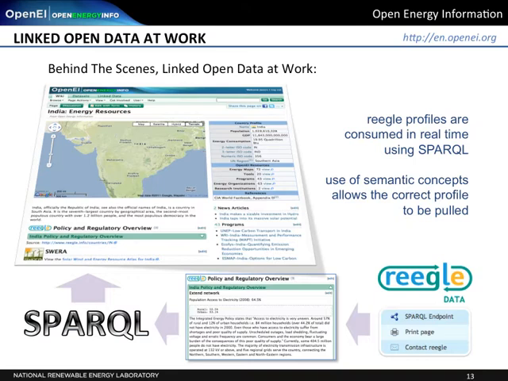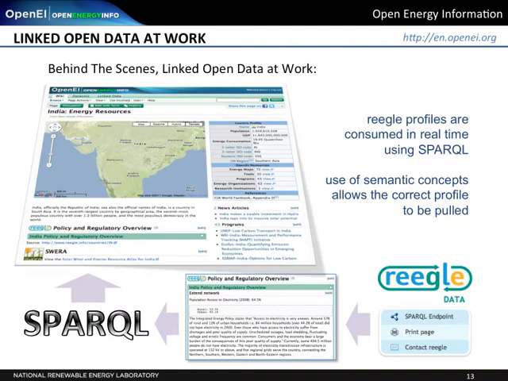Whenever you hear somebody talk about the semantic web, this is what they're talking about: linking universal concepts together. In this case, the Wikipedia page on India. We can be sure both sides are talking about the same thing because OpenEI says when we're talking about India, we're talking about the same thing Wikipedia is on this specific page about India.